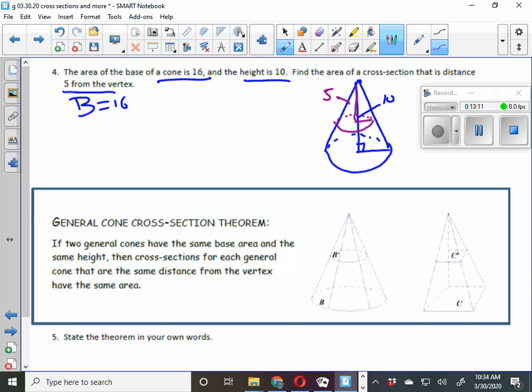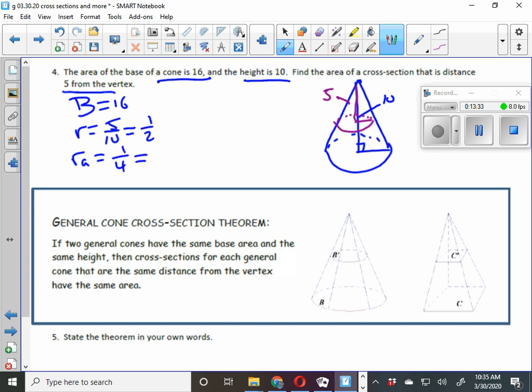So let's go ahead and set up our proportion. We know then that we have a ratio that is 5 to 10, which reduces to 1 over 2. The ratio of the areas is equal to 1 over 4.